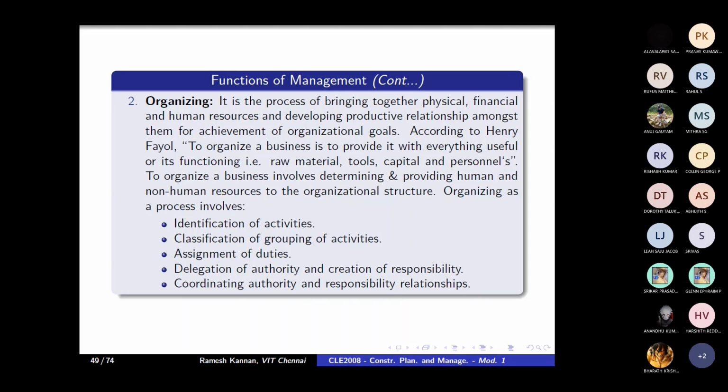Those things we call delegation of authority and responsibility. And sometimes, if too many people report to a single manager, the decision making and the response they receive from the manager will be pretty slow, because the manager has to look into a lot of queries.